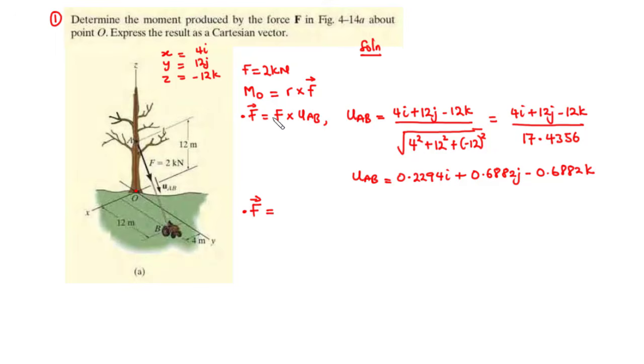So F is equal to the magnitude of the force, 2 kilonewtons, times UAB, so times 0.2294i plus 0.6882j minus 0.6882k.